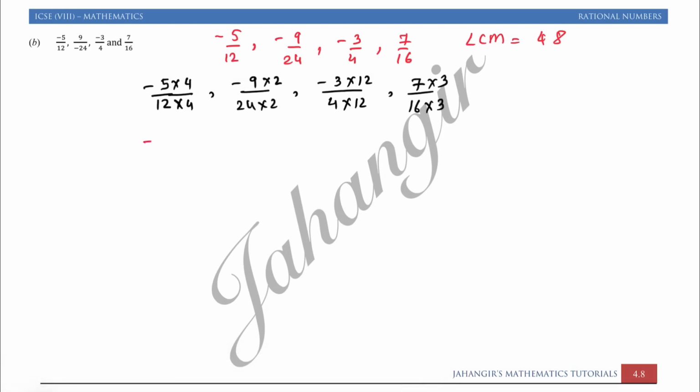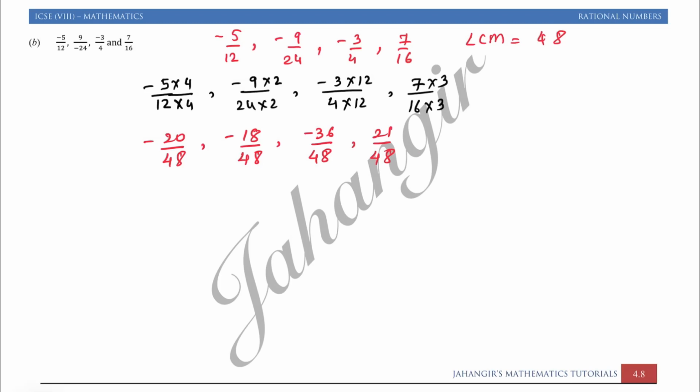So 5 4s are minus 20 upon 12 4s are 48, 9 2s are 18 upon 24 2s are 48, 12 3s are minus 36 upon 48, and 7 3s are 21 upon 48.